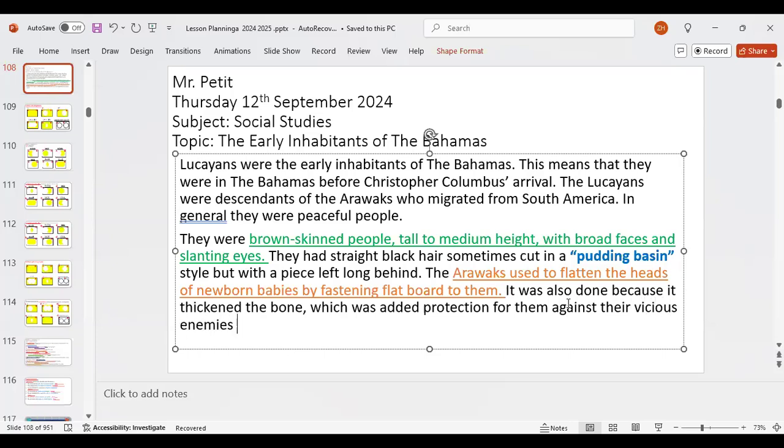What's the name of their enemies? The Caribs. All right, the Caribs. There we go.